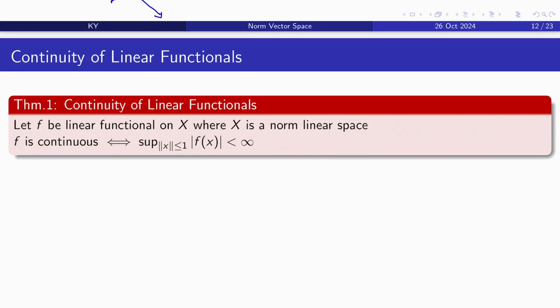Let f be a linear functional on x, where x is a normed linear space. f is continuous if and only if the supremum of the absolute value of f of x is less than infinity for all vectors that have a size, a unit length, of 1.